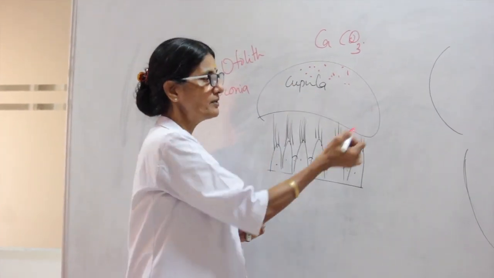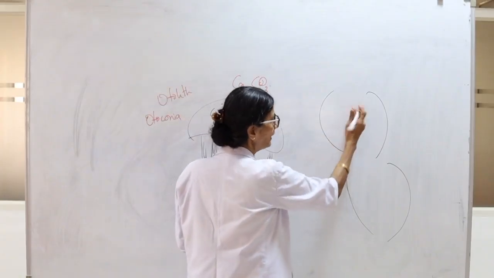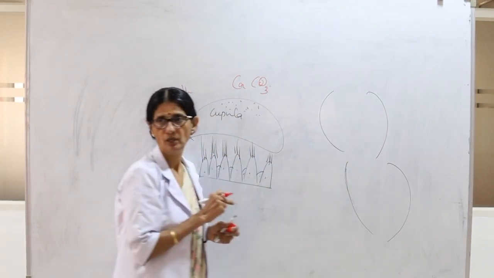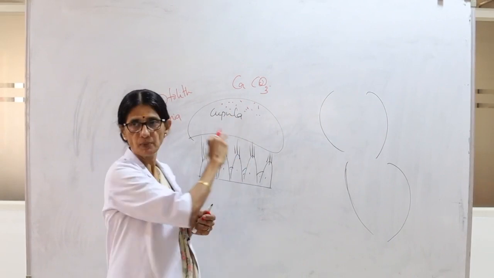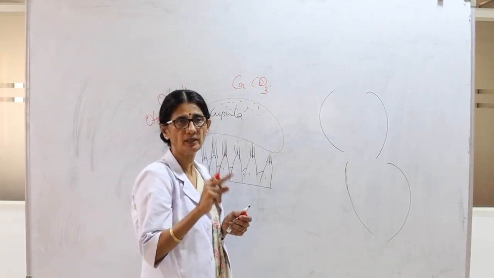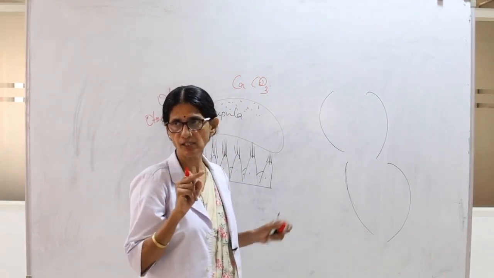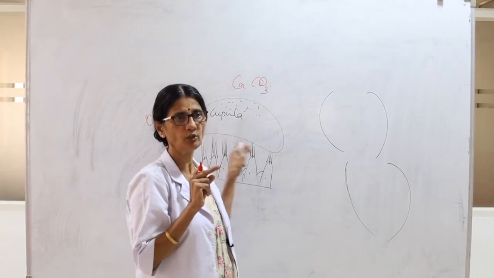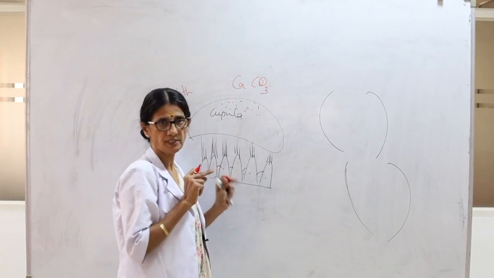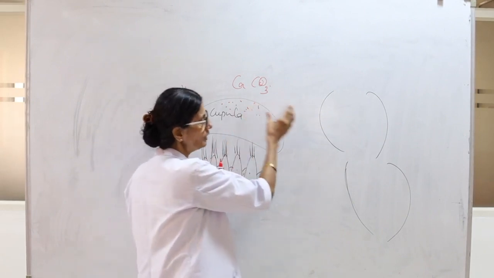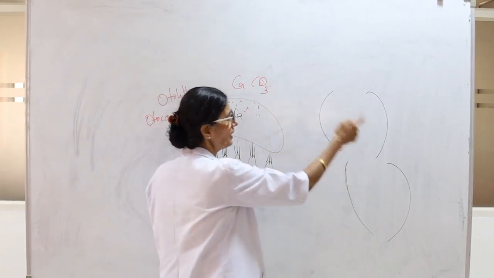So the receptors present in the utricle and the saccule are always under the influence of gravity because of this high specific gravity contributed by the calcium carbonate crystals on top of the gelatinous material or the cupula.